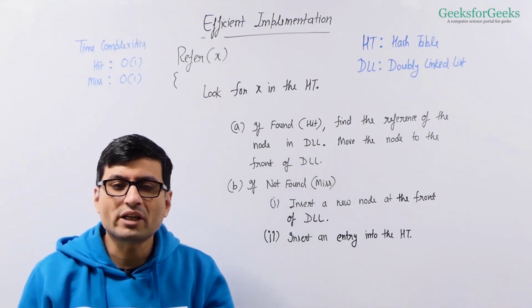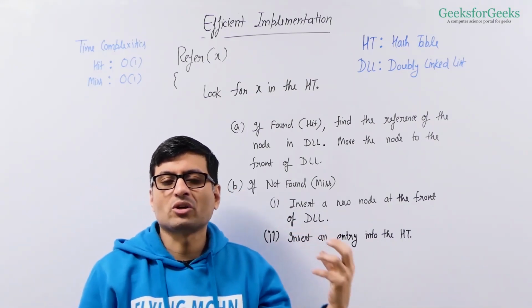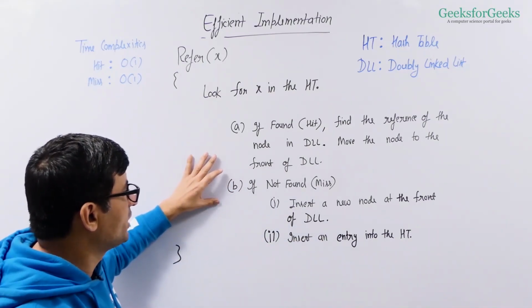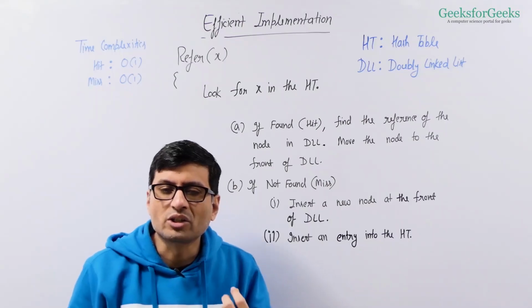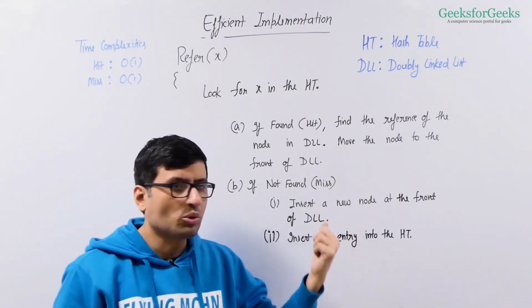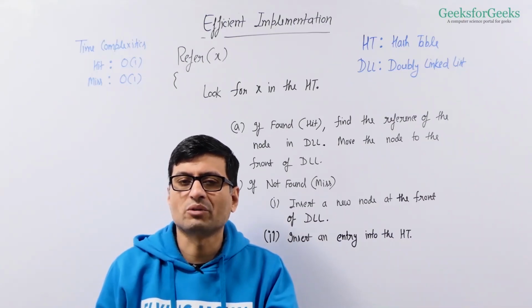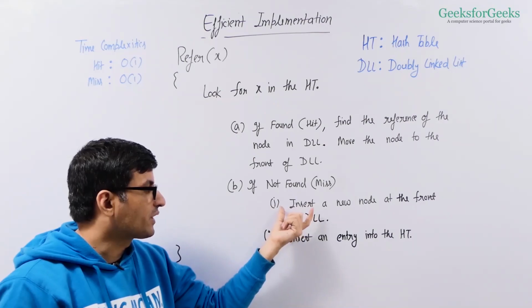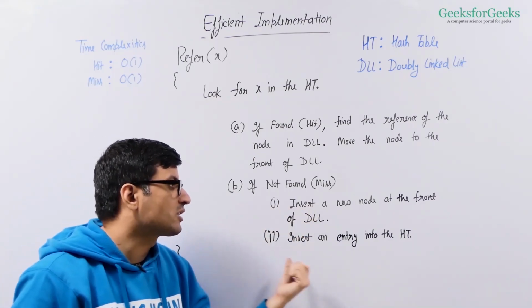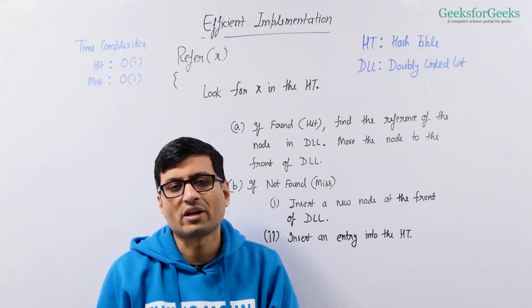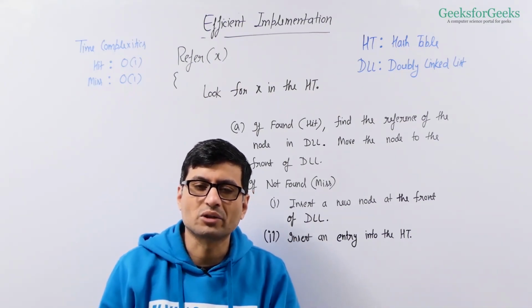After that, we move this node to the front of our doubly linked list. If not found, if it's a miss, then we insert a new node at the front of our doubly linked list. So we need to maintain both front and tail pointers in our doubly linked list. After moving it to the front, we get the reference of the newly created node and insert an entry into the hash table with X as a key and the reference or address as a value.